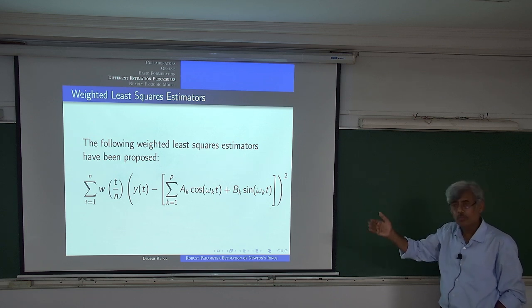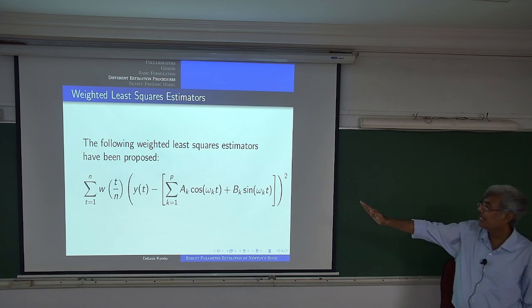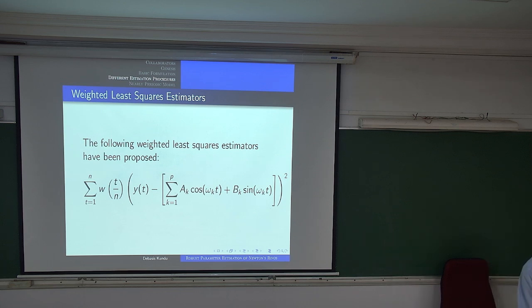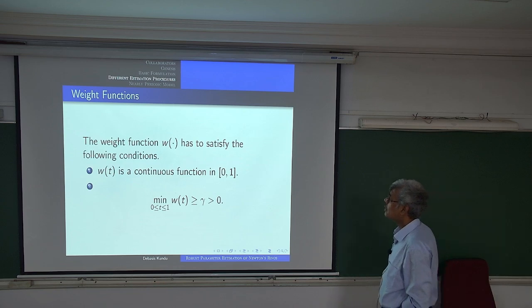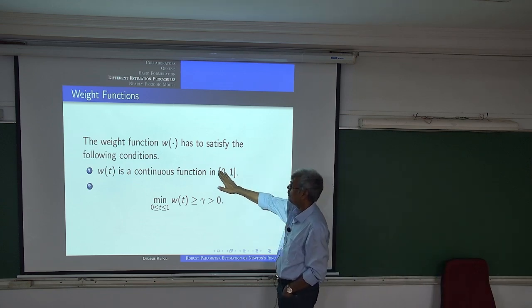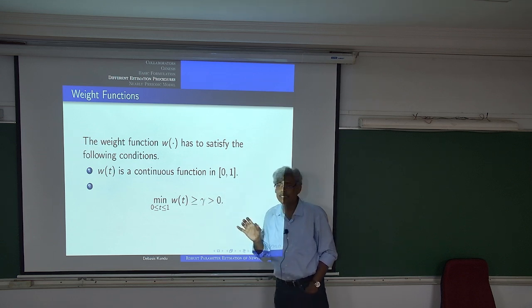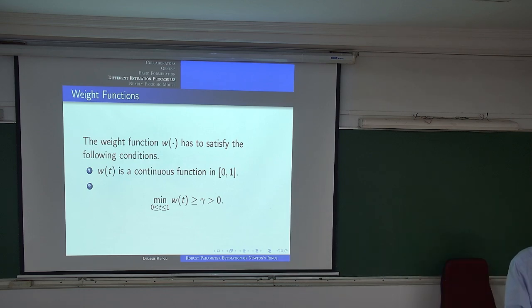But it gives a robust estimator, if I choose my weight function properly. These are the simple conditions I need for the weight function: it has to be only continuous, and it has to be strictly greater than 0 in the range of 0, 1. That's the only thing we have.